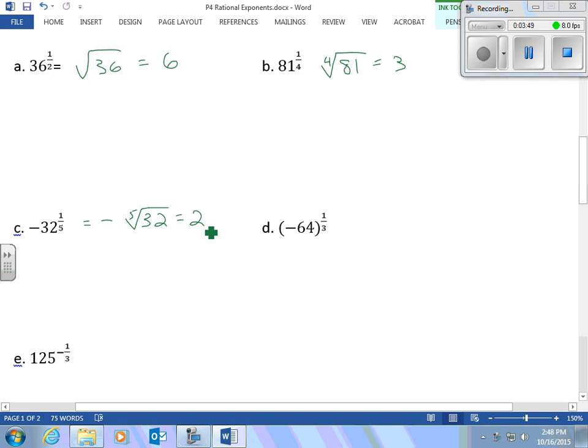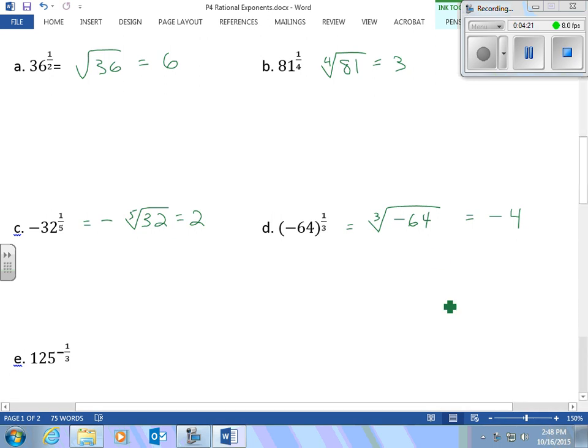Again, the perfect cubes and fourths and fifths, you'll see on page 52 of your textbook, a nice chart in the margin there that will tell you the ones that you should know. And here the negative is in brackets, so that will be the cubed root of negative 64, which will give us negative 4, because negative 4 to the power of 3 gives us negative 64.